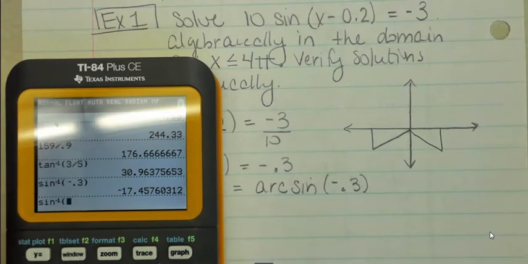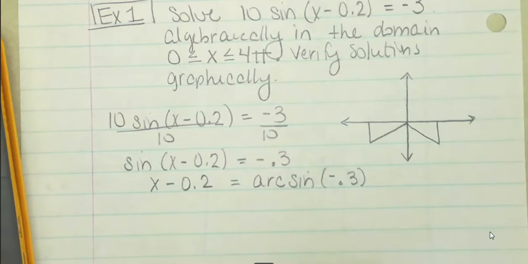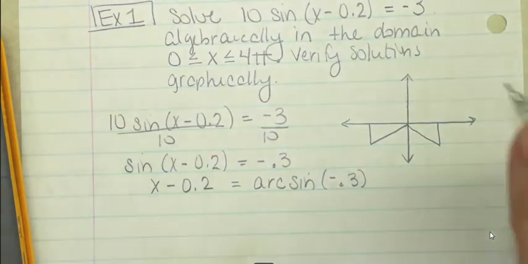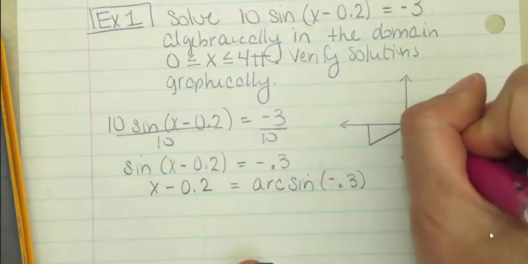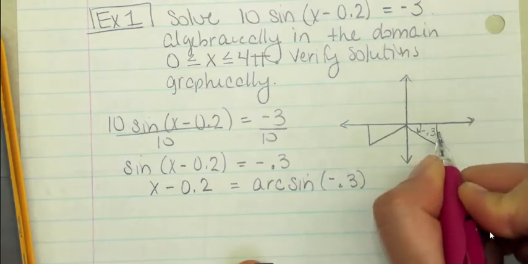So sine inverse of -0.3 gives me -0.3. So I know then that I'm talking about this angle here, which is -0.3.